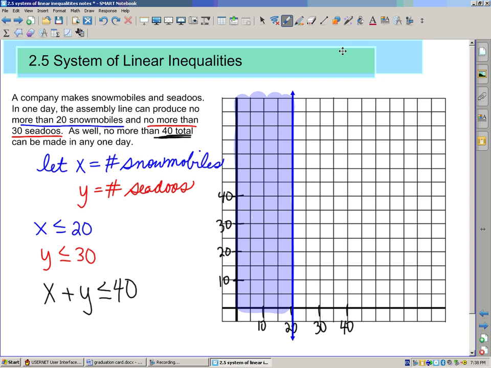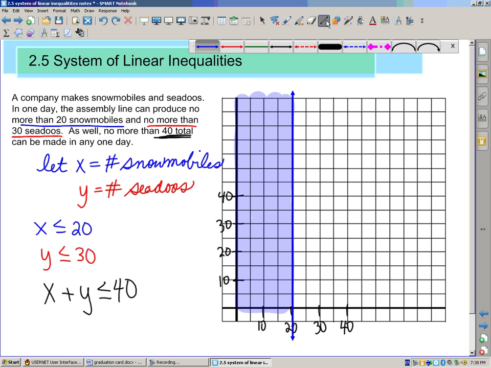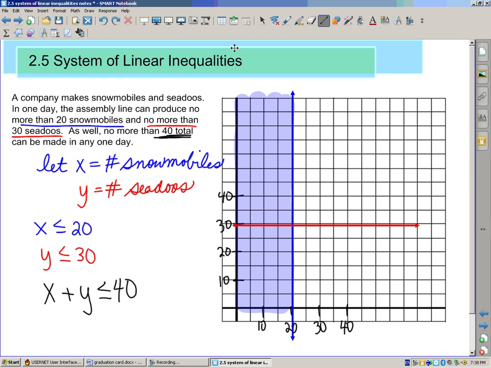Y is less than or equal to 30. So I graph that line and I shade below that. So you're seeing already that we have what I would call a bound region.